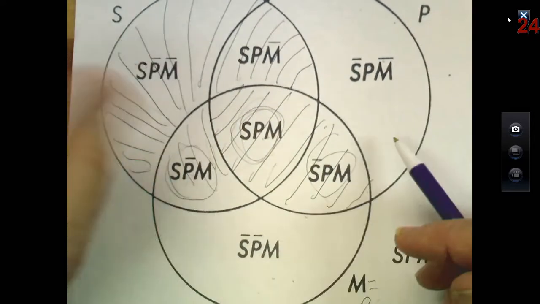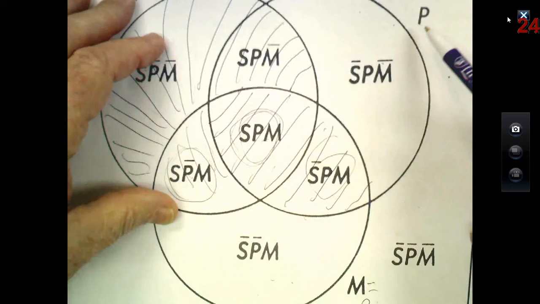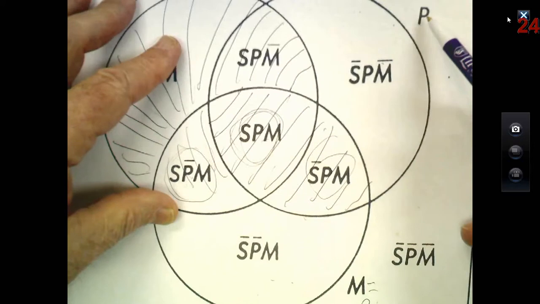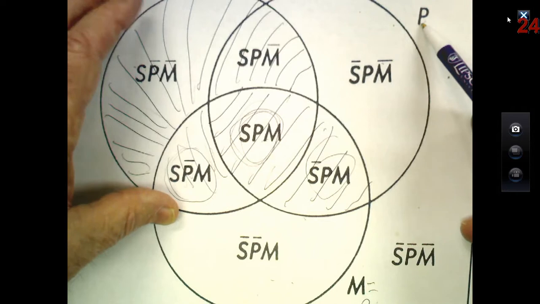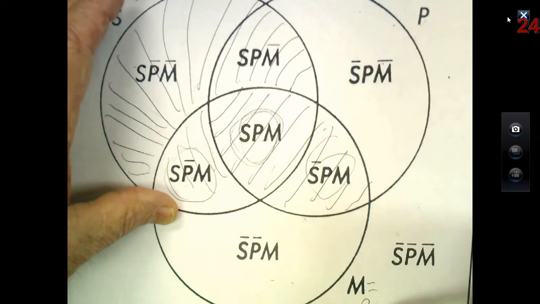So I did the middle term wrong. Read the minor premise to me. No physicists are good businessmen.